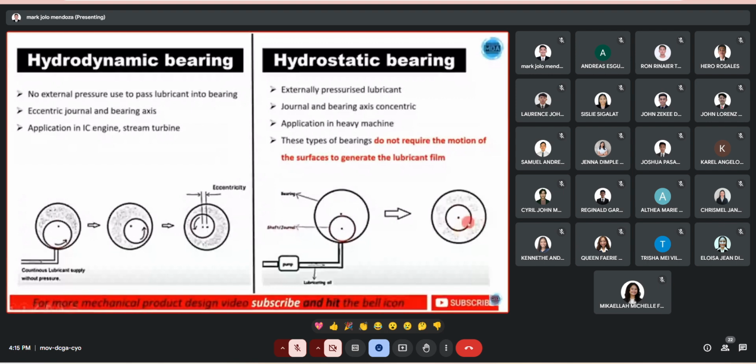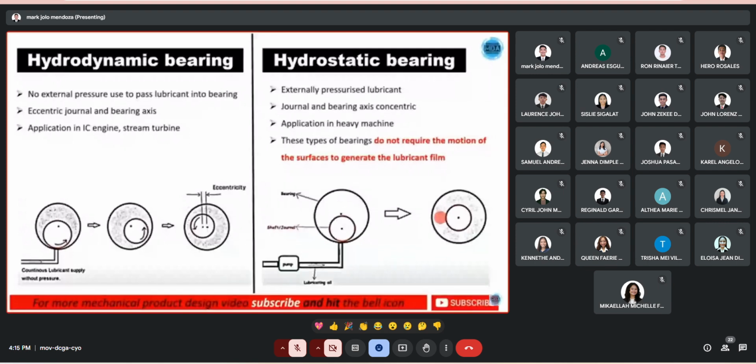In hydrodynamic bearing eccentricity is there, and in hydrostatic bearing eccentricity will not be there, because we are using pressurized lubricant.